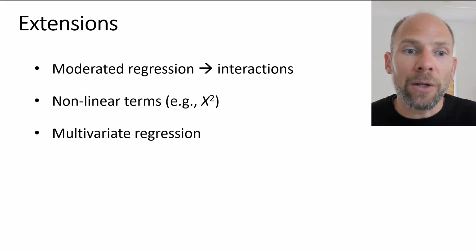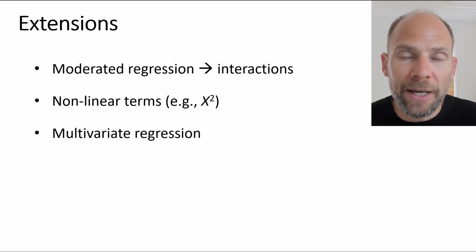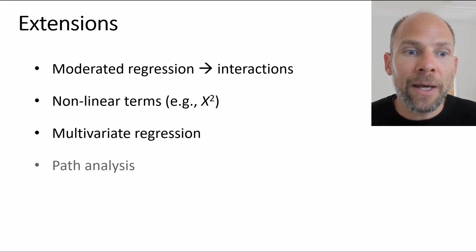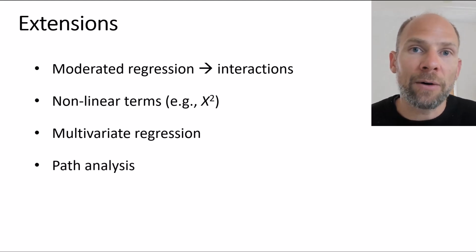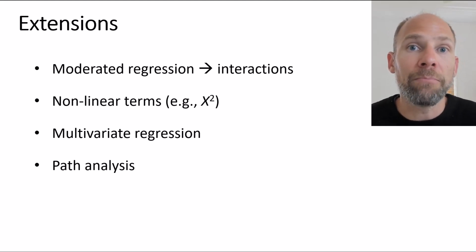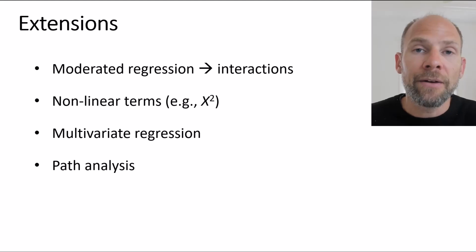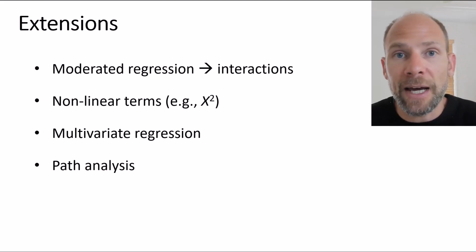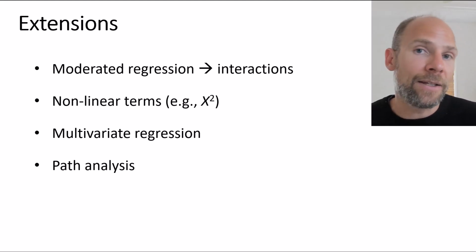Furthermore, there is multivariate regression, which allows you to look at more than one dependent variable at a time. And there's path analysis, which allows both for multiple dependent variables and also for multiple mediator variables, meaning variables that are at the same time independent variables and dependent variables.